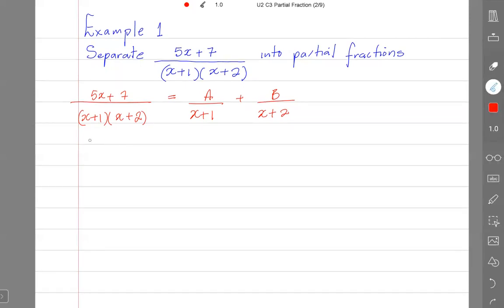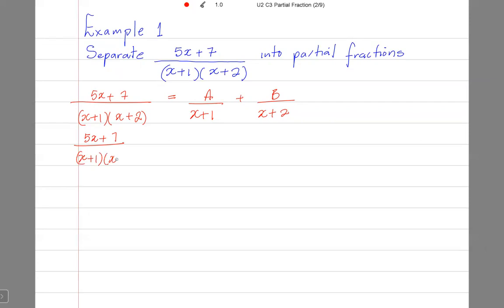Now, if I do this, I have 5x plus 7 over x plus 1 into x plus 2, and I'm going to multiply by the same thing, x plus 1, x plus 2. I'm just spelling it out for you to see exactly what happens.